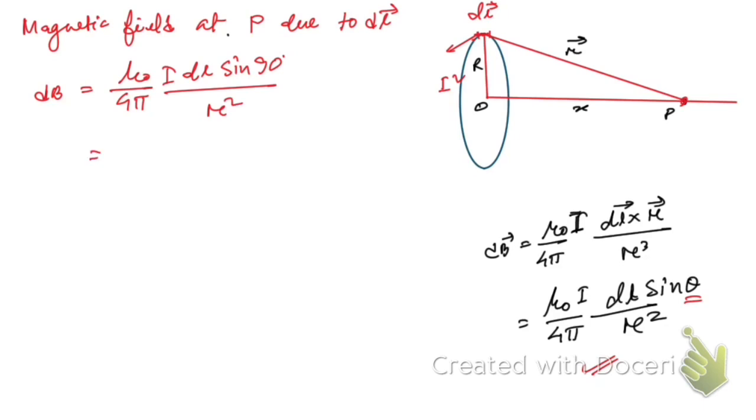And this gives you mu naught by 4 pi, sin 90 is 1, so I dl by r square. That's what we have got.